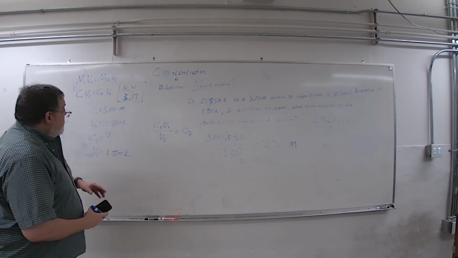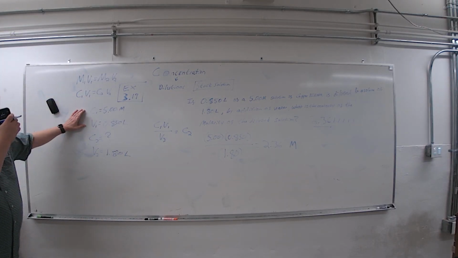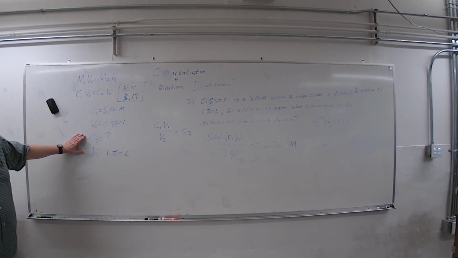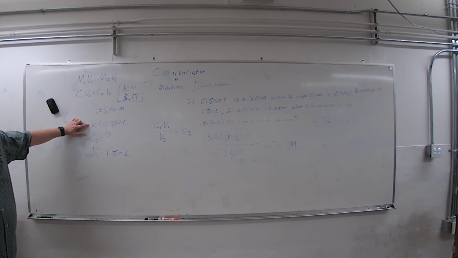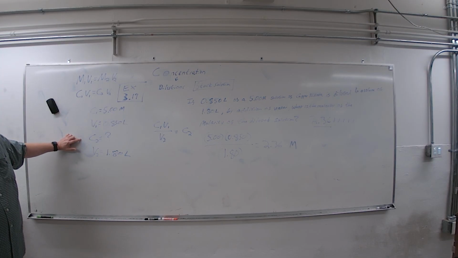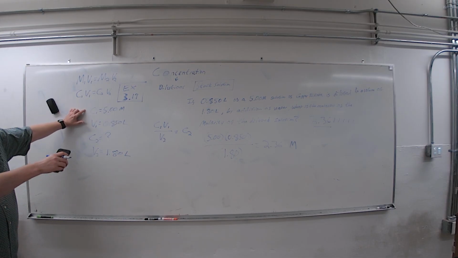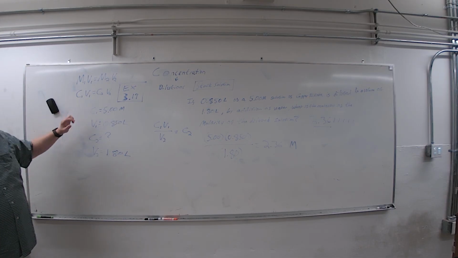What's always true, if you consider the 1s your starting state and the 2s the resulting thing after you've diluted it, the volume will always be higher, the V2 will always be higher than the V1, and the concentration will always be lower because you're diluting it. So we started with 5 molarity, we ended up at 2.36.